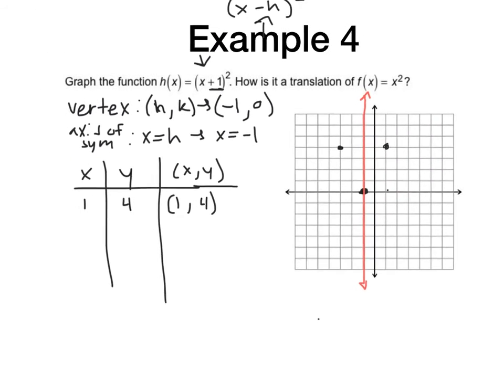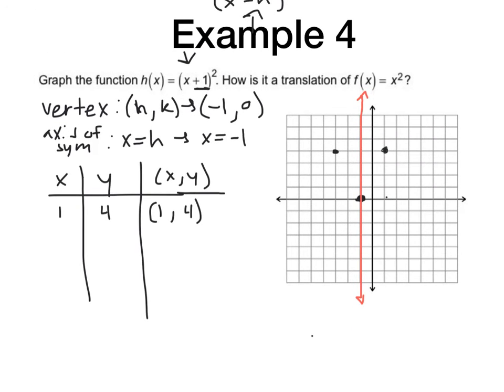What's another number we can plug in? 2. What about 0? Can we plug in 0? So what do we get when we plug in 0? When we plug in 0, what's 0 plus 1? 1. And what's 1 squared? 1. So our point's going to be (0, 1).